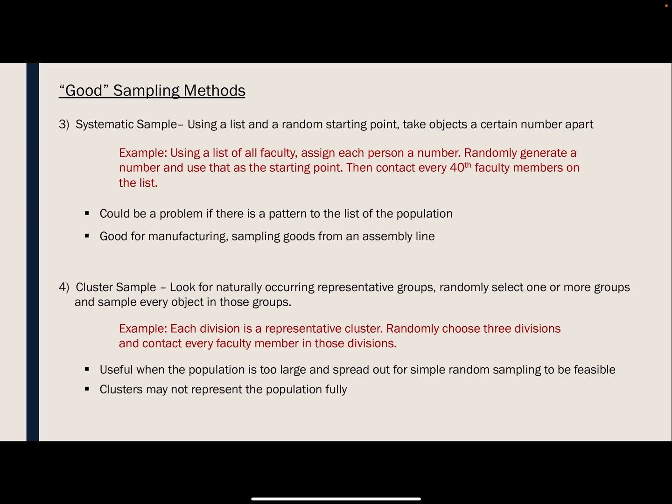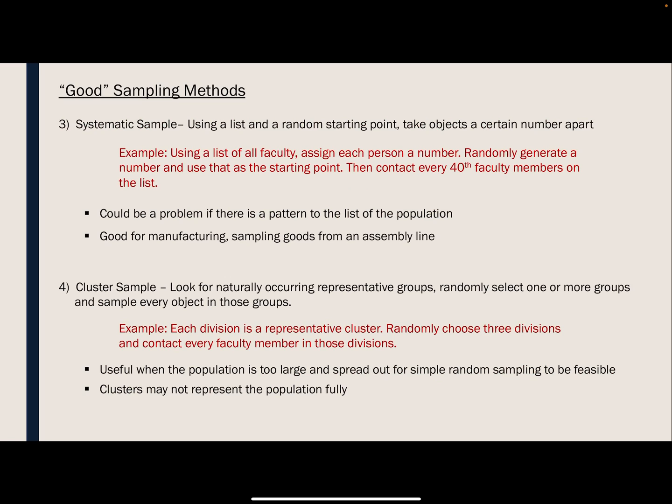But instead of just generating random numbers, we generate a random starting point, and then we take every nth object or person after that. So in my example, I would randomly generate a starting point and then contact every 40th faculty member on the list. So this would be a systematic sample.